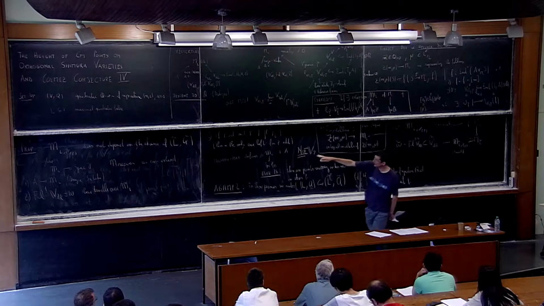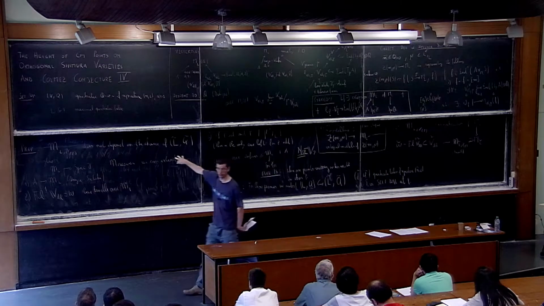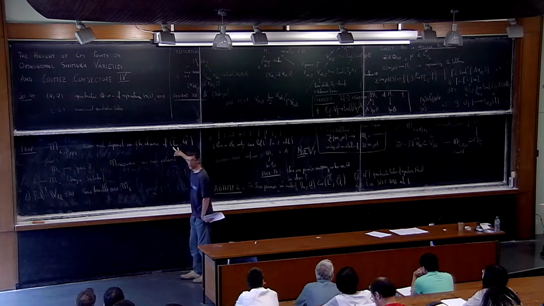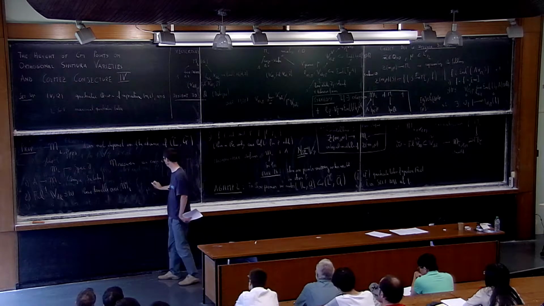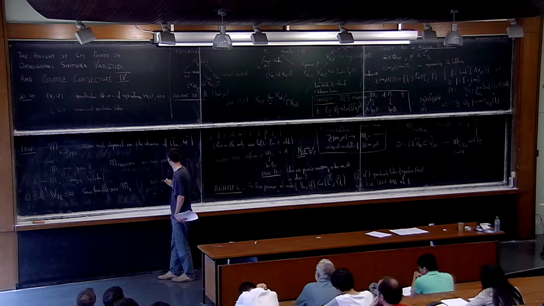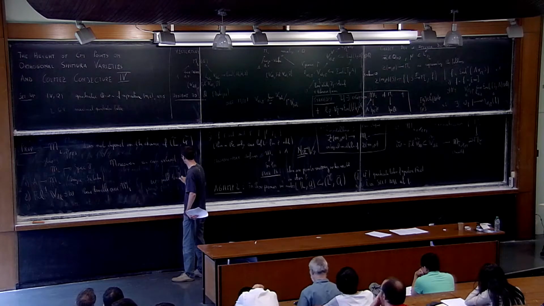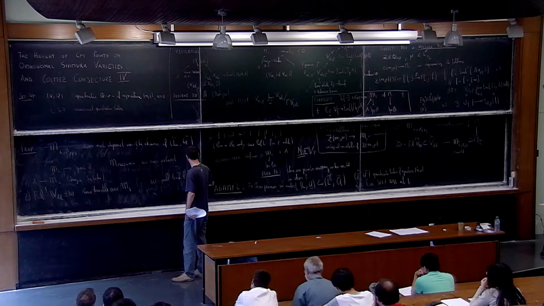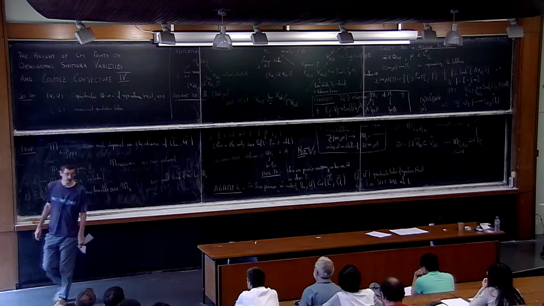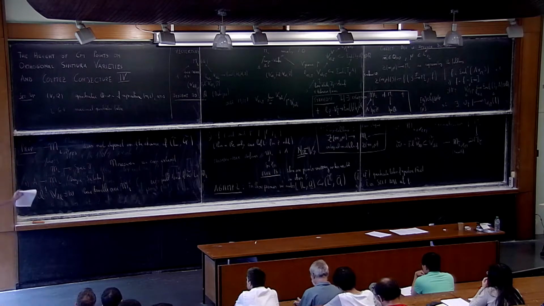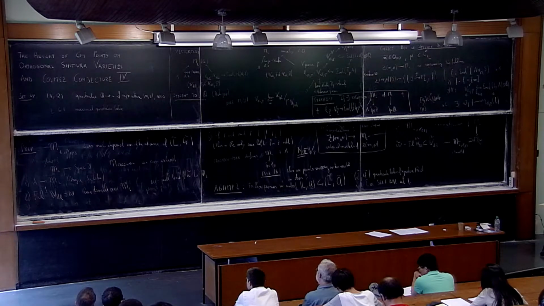And again, this does not depend on the choice of the self-dual lattice in which we embed L. Okay, so now we have a metrized line bundle over this arithmetic scheme M_L.